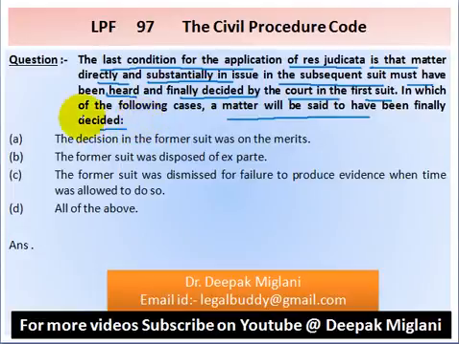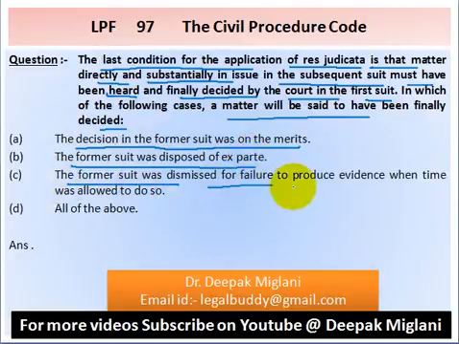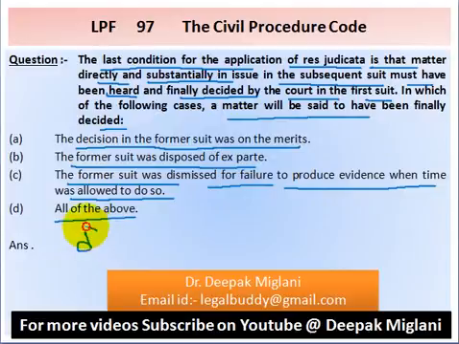Option A. The decision in the former suit was on the merits. Option B. The former suit was disposed of ex parte. Option C. The former suit was dismissed for failure to produce evidence when time was allowed to do so. Option D. All of the above. Answer is option D.